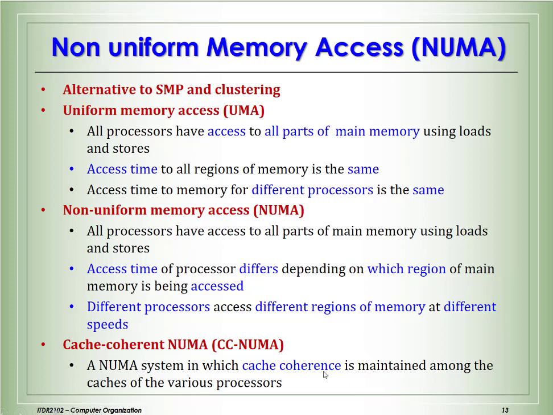So what is cache coherence? Cache coherence is a concept of keeping the multiple local caches synchronized when one of the processors updates its local copy of the data, which is shared among the multiple caches. So this is the third kind of multiprocessing shared memory model.